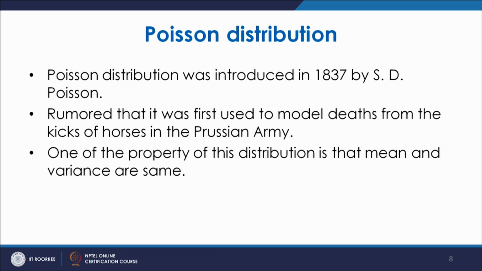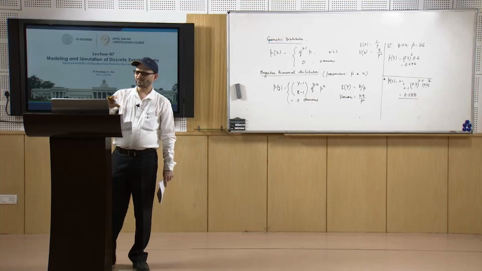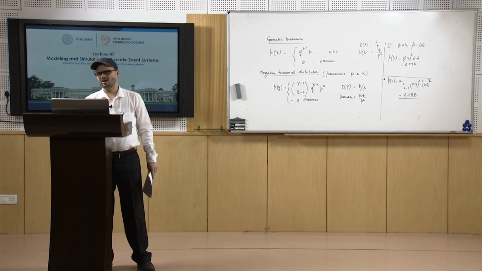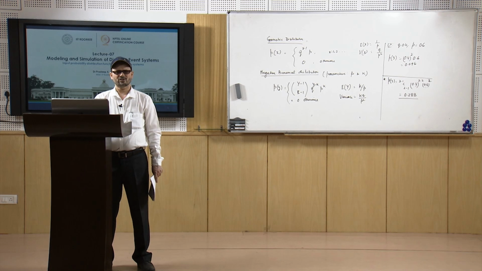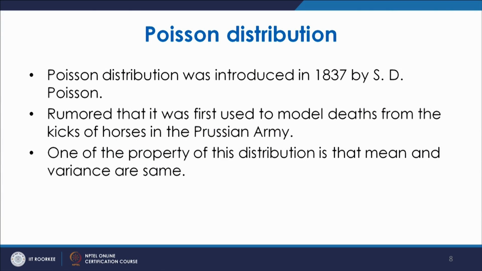That is a rumor, but normally for cases where you have randomness, you use this type of distribution function, and one property of this distribution is that the mean and variance are the same.